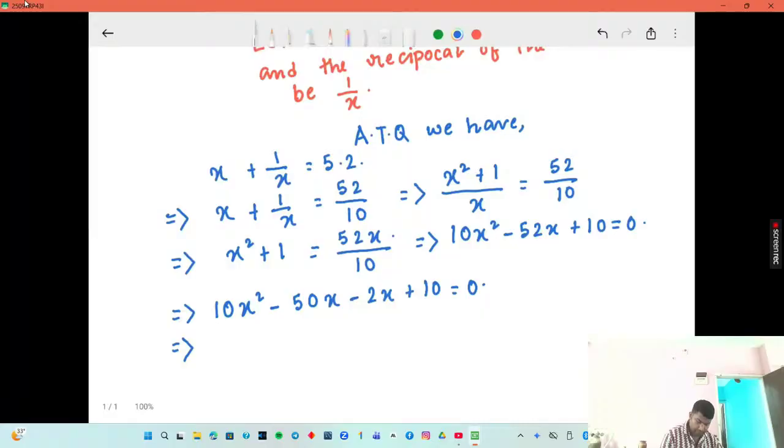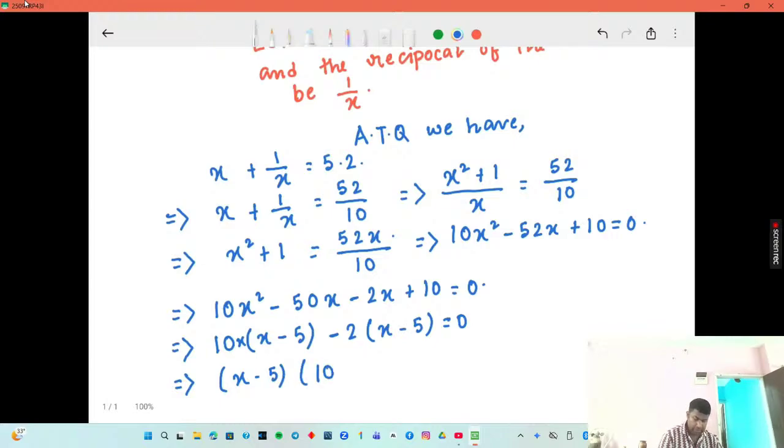So now 10x into x minus 5 minus 2 into x minus 5 is equal to 0. So x minus 5 and 10x minus 2 is equal to 0. So x is equal to 5 and x is equal to 1 by 5. So the numbers are 5 or 1 by 5. So the number is 5 and the reciprocal of that number is 1 by 5.